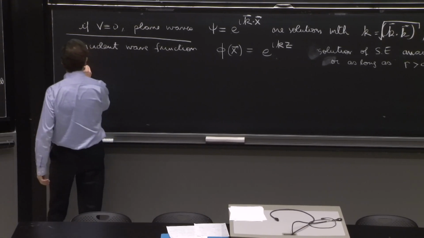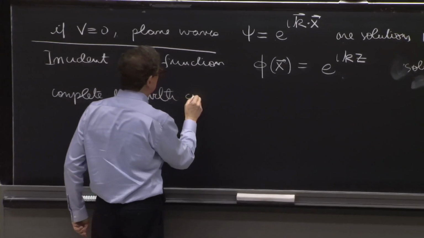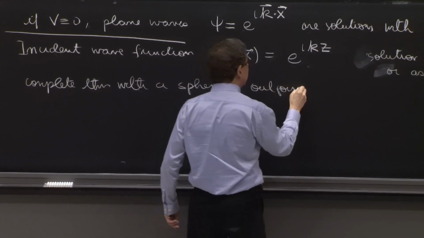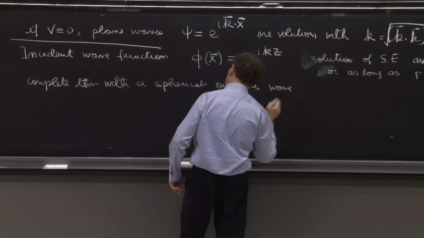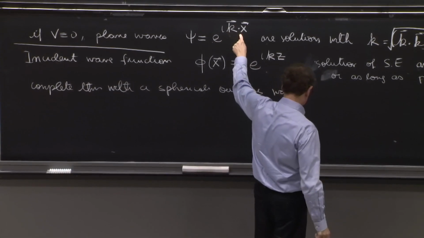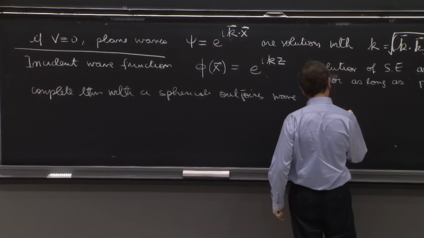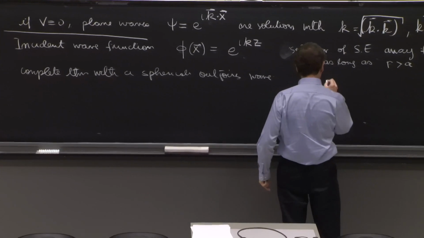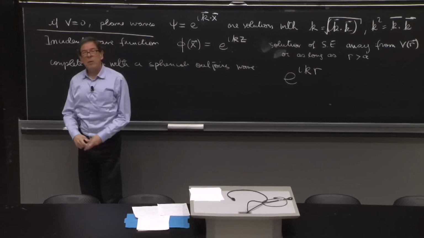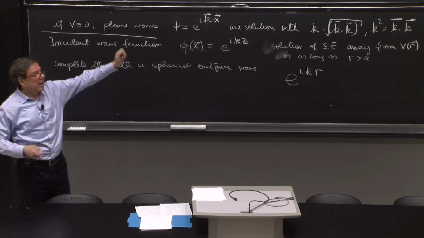So my ansatz should be that there's some sort of spherical wave that is moving away. To complete this, I need a spherical outgoing wave. While this is a plane wave moving in the direction of the vector k, for the spherical wave I would write e to the i kr. e to the i kr is spherically symmetric, and it propagates radially out.